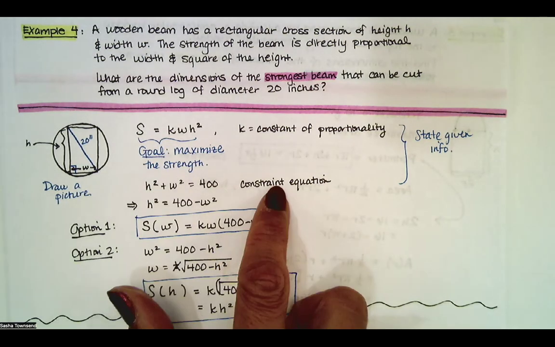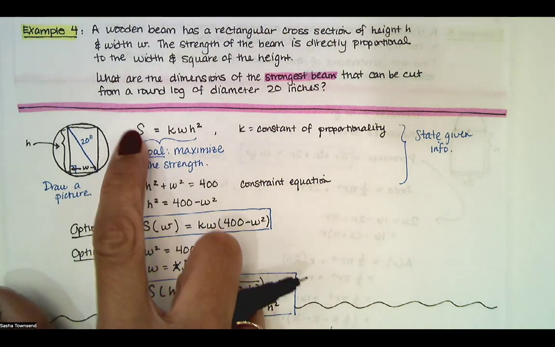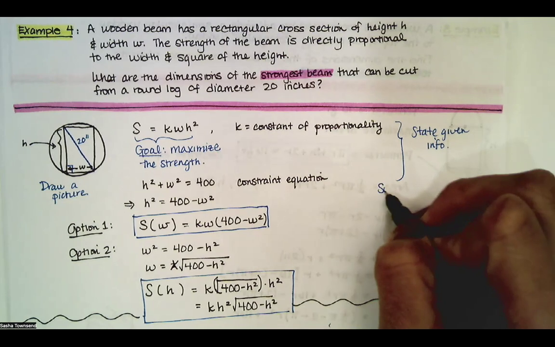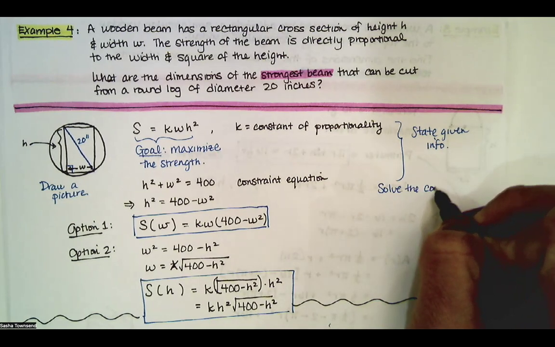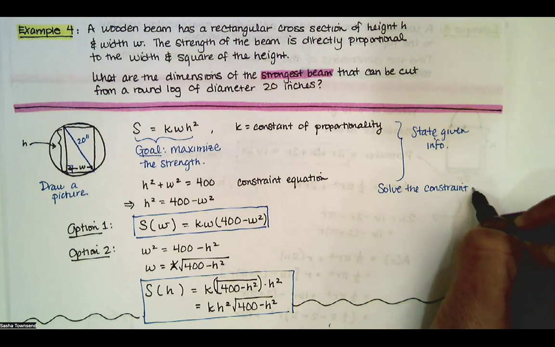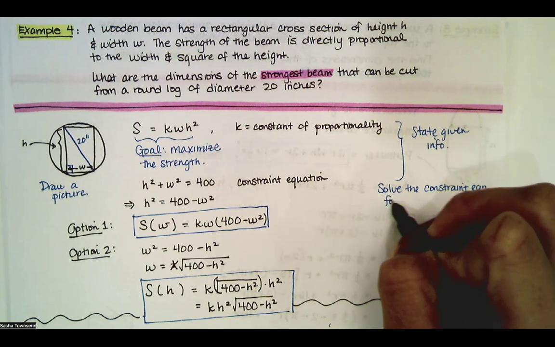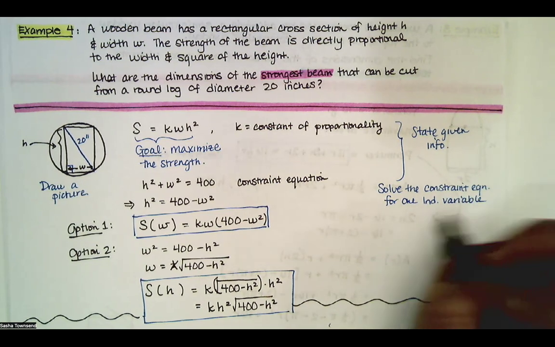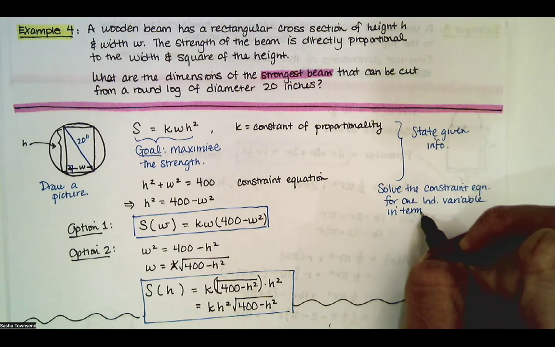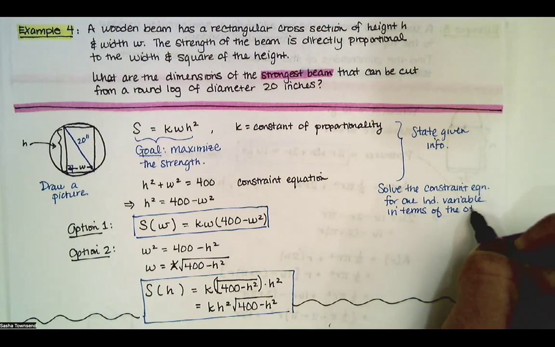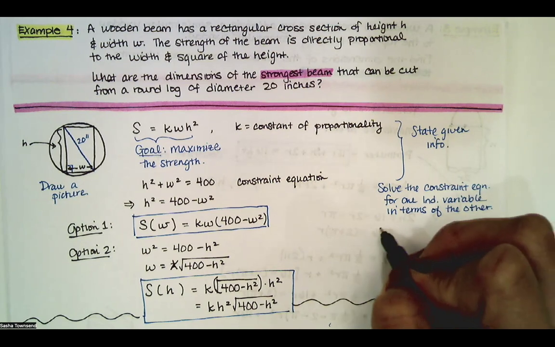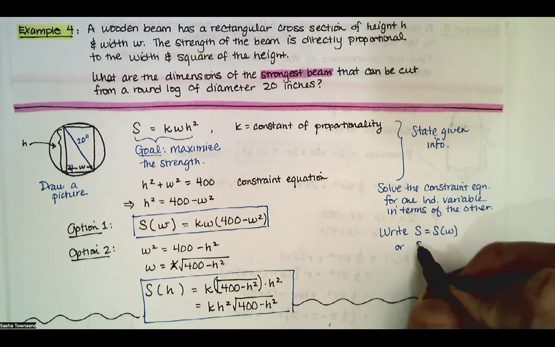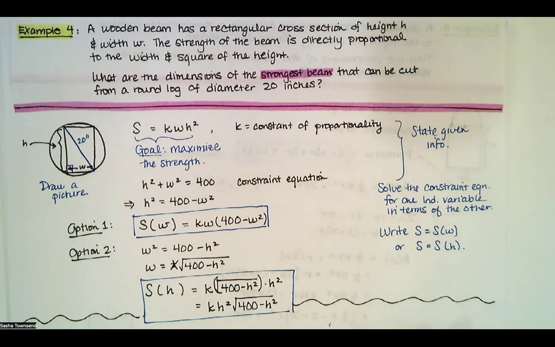And then if there's a constraint equation, use the constraint to write that function as a function of one variable. So we solve the constraint equation for one independent variable in terms of the other. And then after we do that, we write S as a function of W, or you can write S as a function of H. Either one is fine.